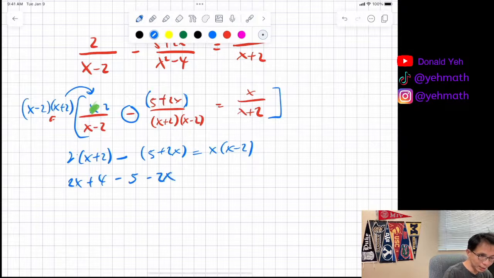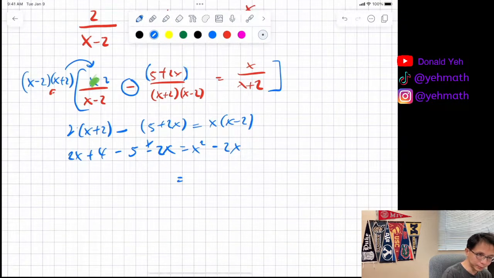Now this is a sign that people make mistakes on. And x squared minus 2x. Now I'm going to keep on going further. So I'm going to move everything to the other side. So this is minus. So I'm going to have x squared. This is minus 2x, going to cancel out.